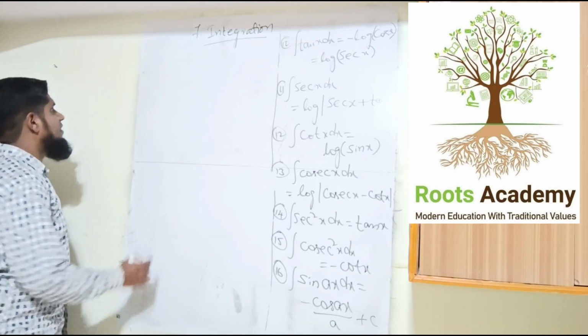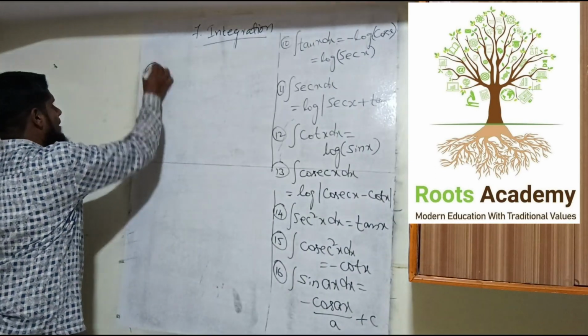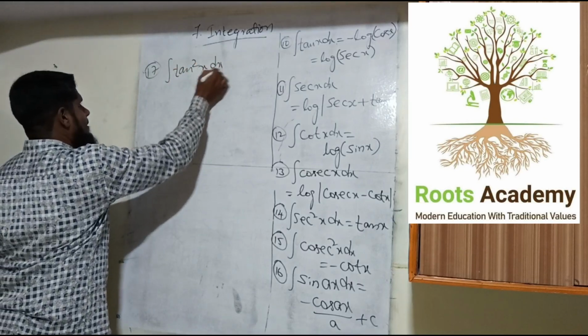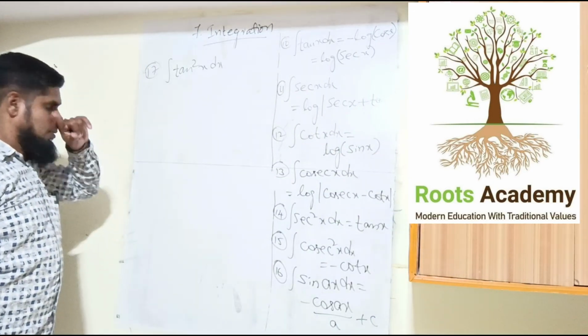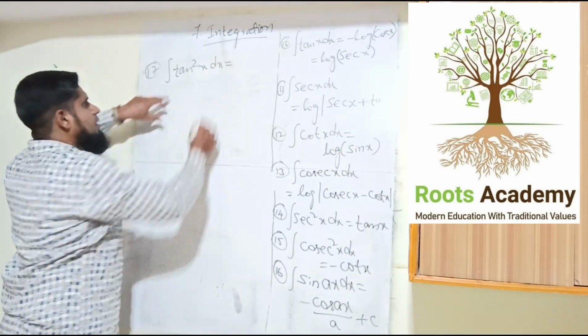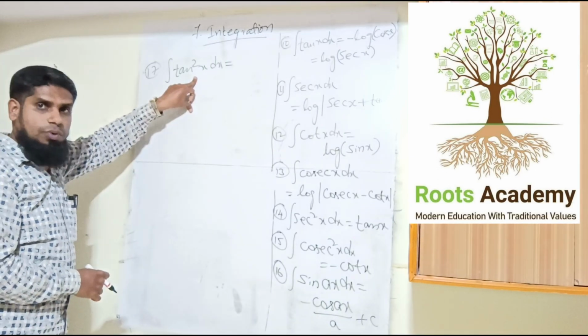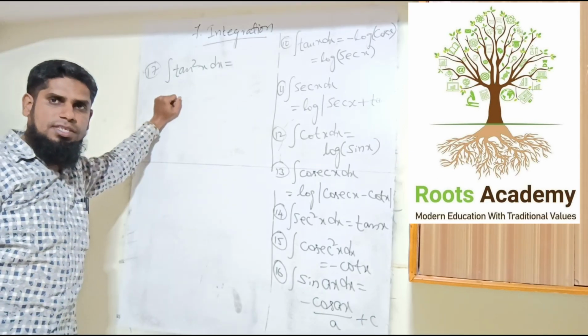Let us see, what if it is integral of tan square x? In that case, student, since it doesn't have any integration, what we should do is, we will use trigonometric identities.